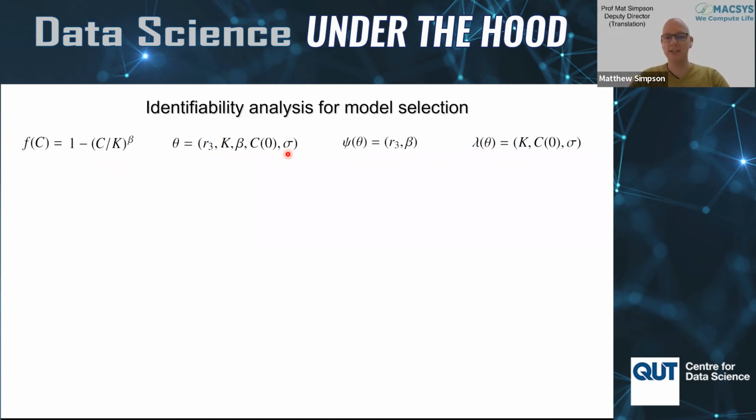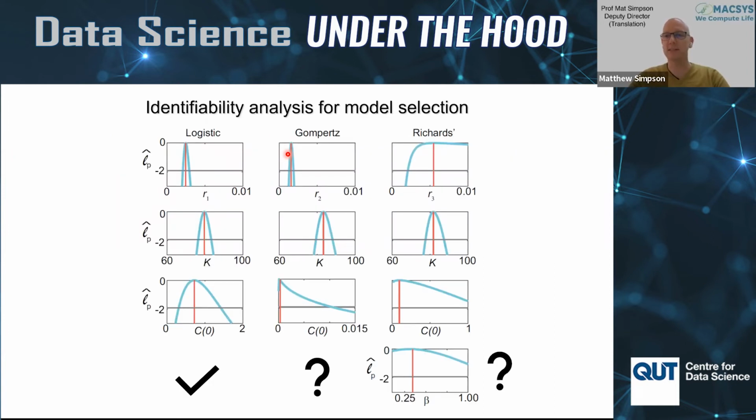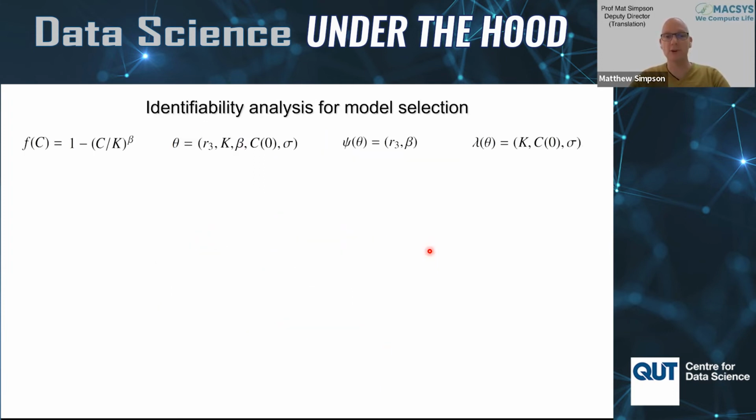And if I scroll backwards a couple of slides to the profiles, you can see that the carrying capacity was really the only parameter that we had any great confidence in when working with the Richards model. So we had no great confidence in our estimate of the growth rate or the exponent.